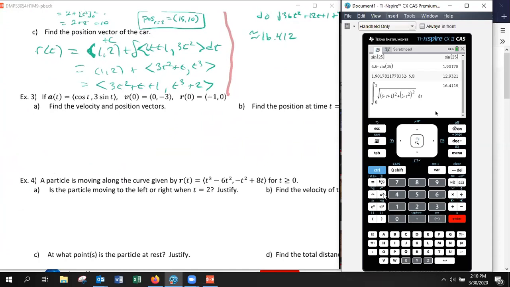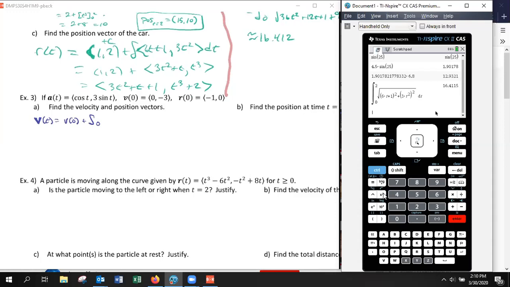Our velocity vector, so v of t, and this is supposed to be a bolded v, you just can't see it very well. Our v of t is going to be v of 0 plus the integral from 0 to t.